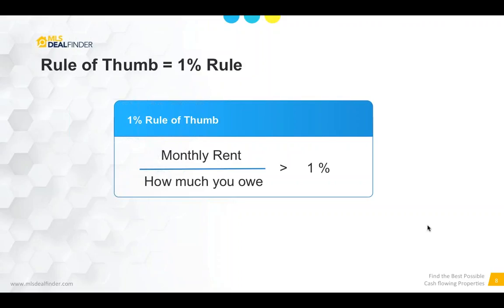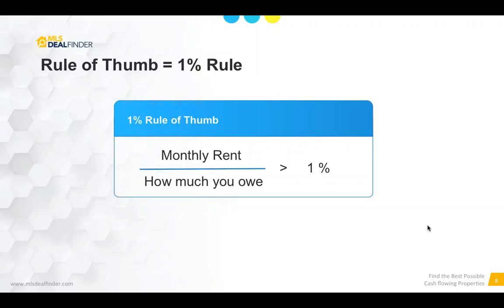That 1% pays for the cost of owning that property: the mortgage payments, insurance payments, and so on and so forth, of just upkeep of that property. So if you can rent it for more, the addition of that is going to be your cash flow. After you pay off all your expenses, the rest is going to be your profit or your cash flow of owning that property.